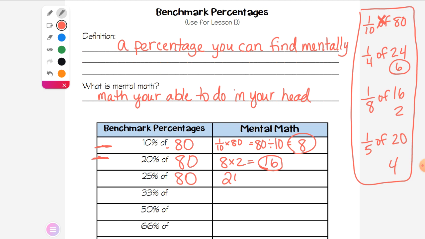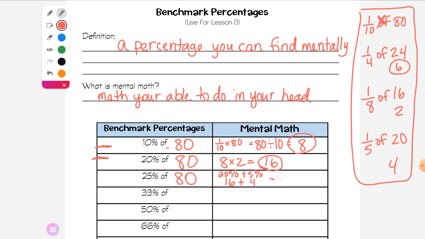I'm going to write it like that: 20% plus 5%. We all know that 20% plus 5% is 25%, correct? So Livy's saying she sees that 20% is 16. And how did you find 5%, Livy? I divided the 8, because 10% is equal to 8, so 5% would be 4.